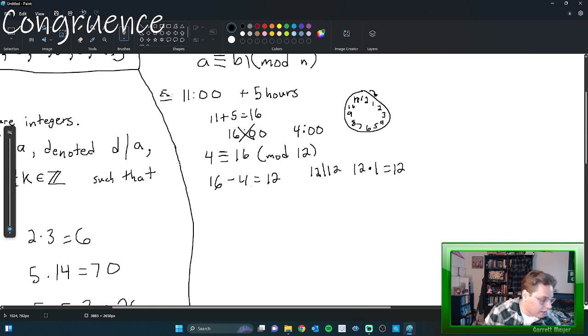And with that, let's go through a few examples. So the first example, let's look at the relationship of 45 and 9 mod 4.